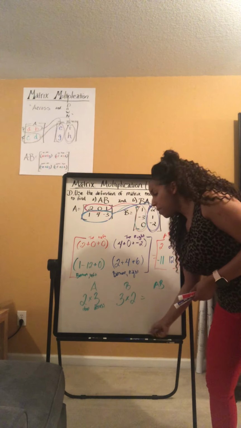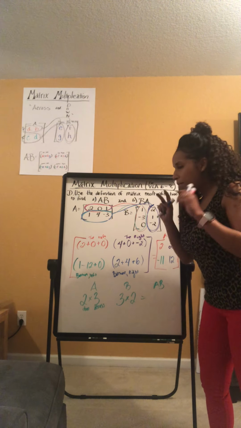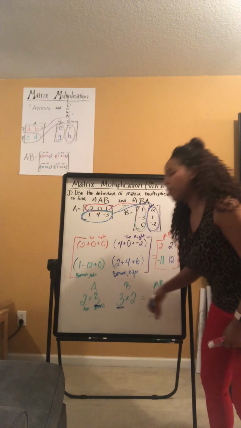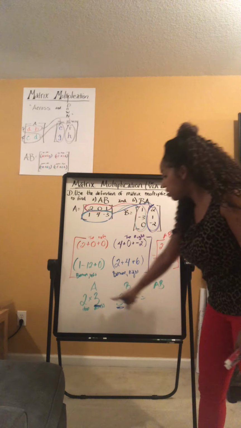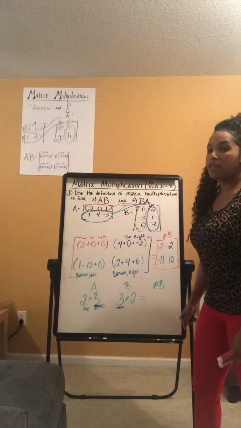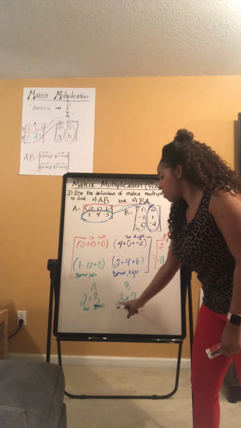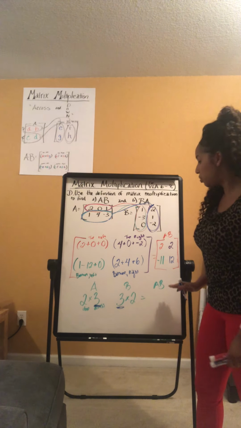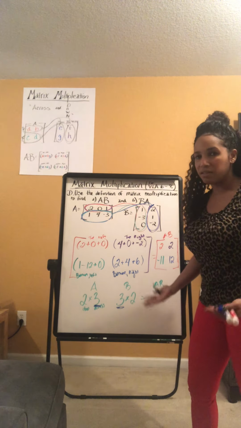When I multiply matrices, their middles have to match, like the 3 and the 3. That's what I meant by the middles, the numbers in the middle. If they are the same, then they can be multiplied. If this was a 3 and this was a 4, then I would not be able to multiply these two, and A times B would be undefined.